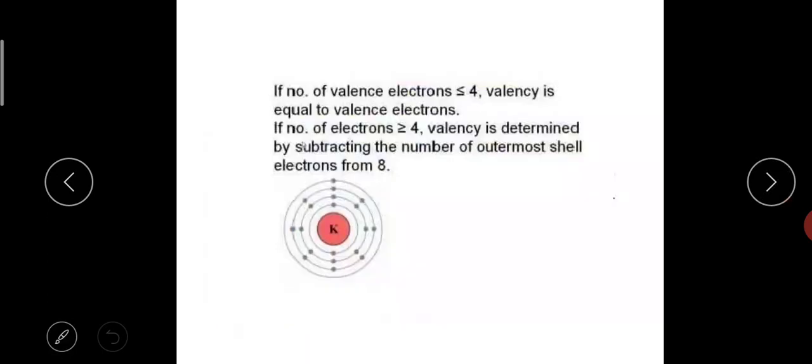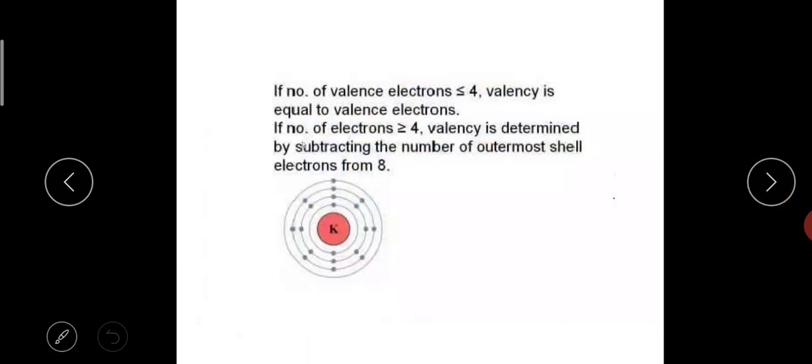If the valence electrons are less than 4, then the valency is equal to the valence electrons. For example, if you take lithium, the valency is 1. How is it 1?